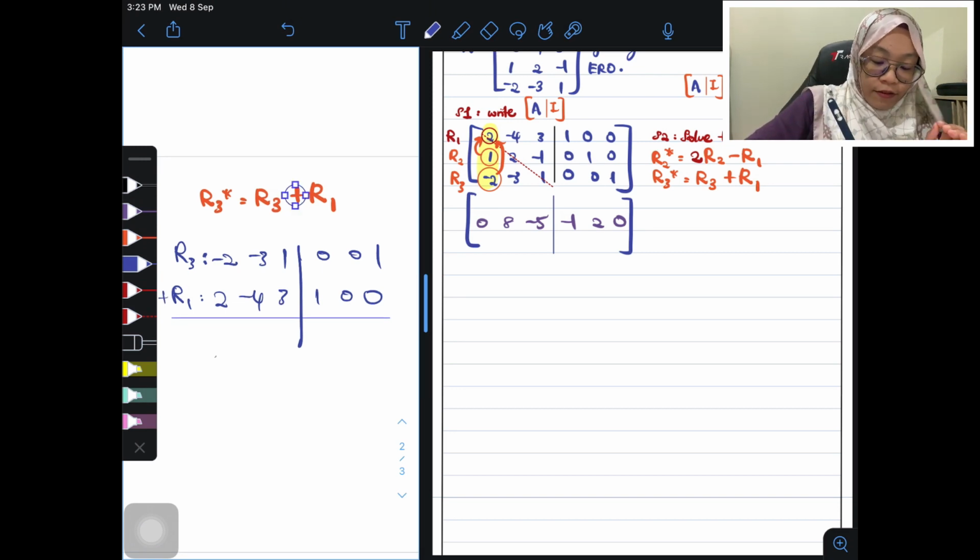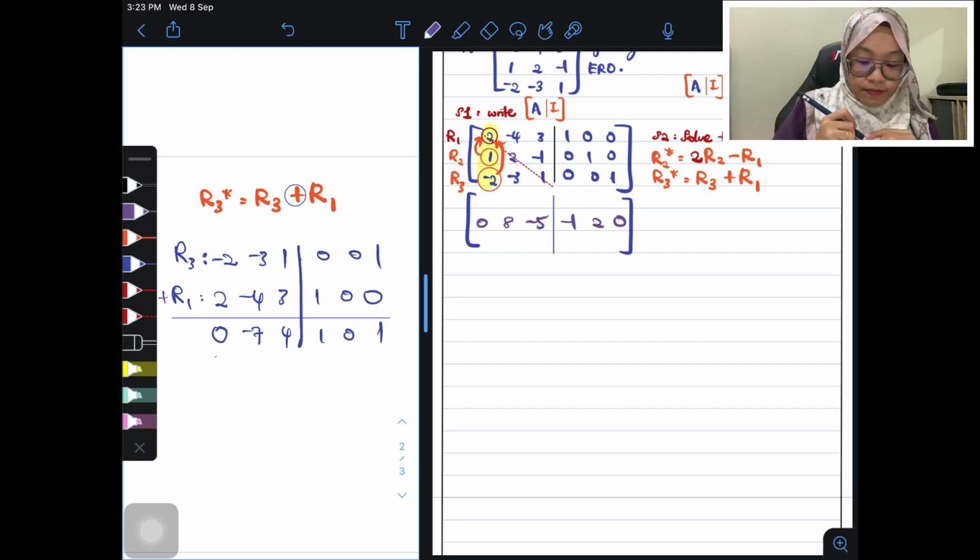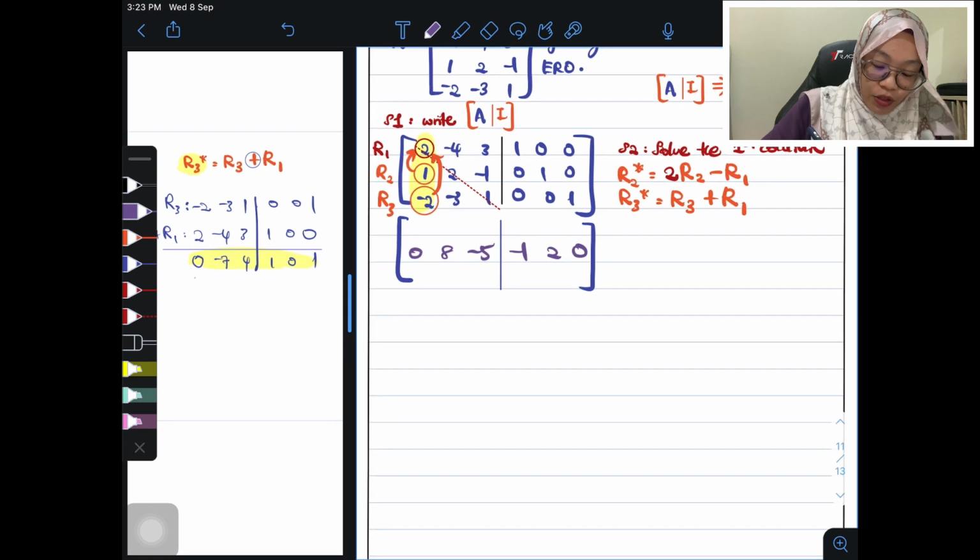Okay, and then you plus it. You have told me that we have to plus it. So we plus it, and so we got 0 in front. That's what we want. And then here we will get negative 7. Here is 4, 1, 0, 1. Looking good. So this thing here is your new row 3. So you write it down at your new row 3.